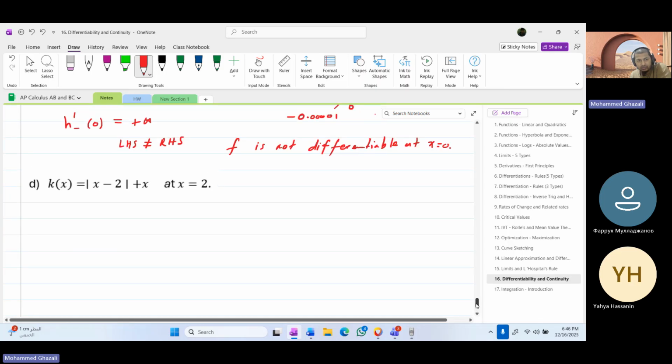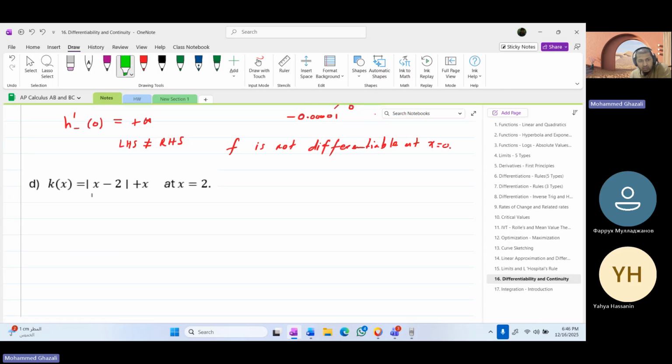So that is differentiable everywhere. So let's see. We got absolute value of x minus 2 plus x at x is equal to 2. So we need to split up this absolute value function. It is x minus 2 if x minus 2 is greater than or equal to 0, and negative x minus 2 if x minus 2 is less than 0, and we still need to add an x there, right?